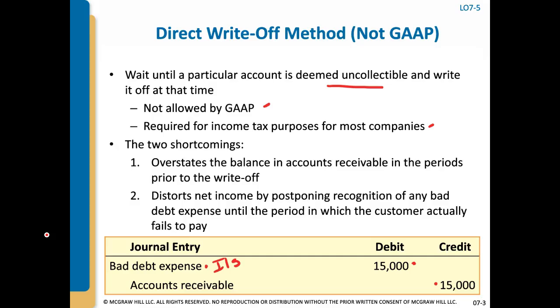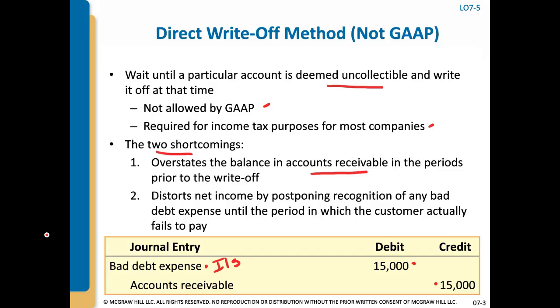Why is it not allowed for GAAP? Well, similar to estimating sales returns, if we did allow the direct write-off method, it would overstate the balance in the accounts receivable, right? Because now our accounts receivable is at 100%, but we know we're not going to collect 100% of those amounts.